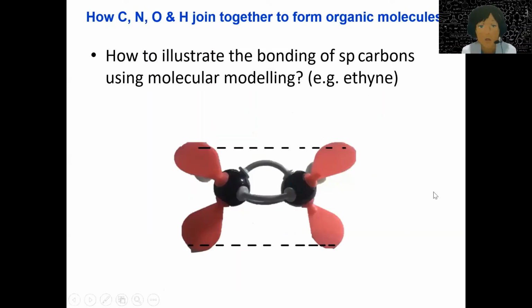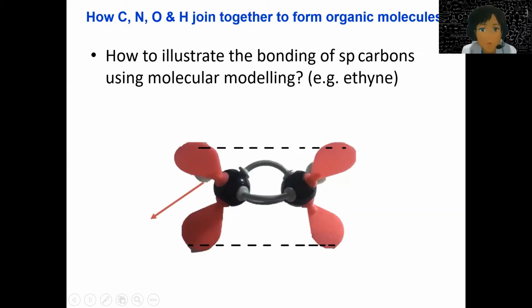And lastly, we have ethyne, which has a triple bond between the carbon atoms. This compound is C2H2, right? Each carbon has a hydrogen bonded to it.